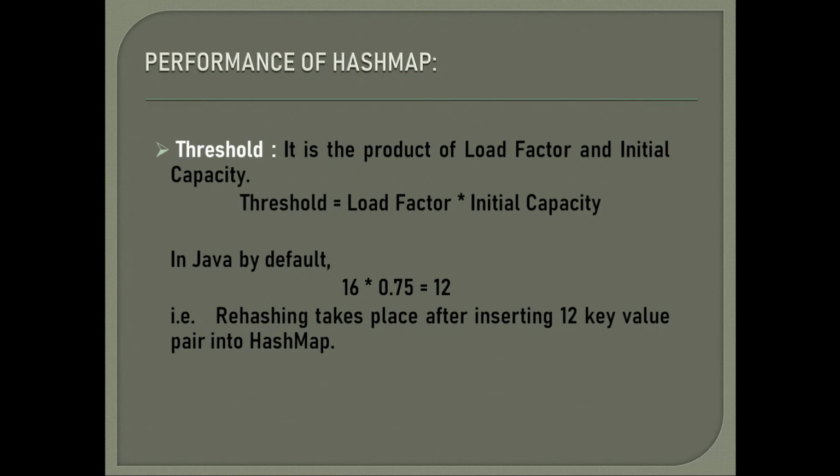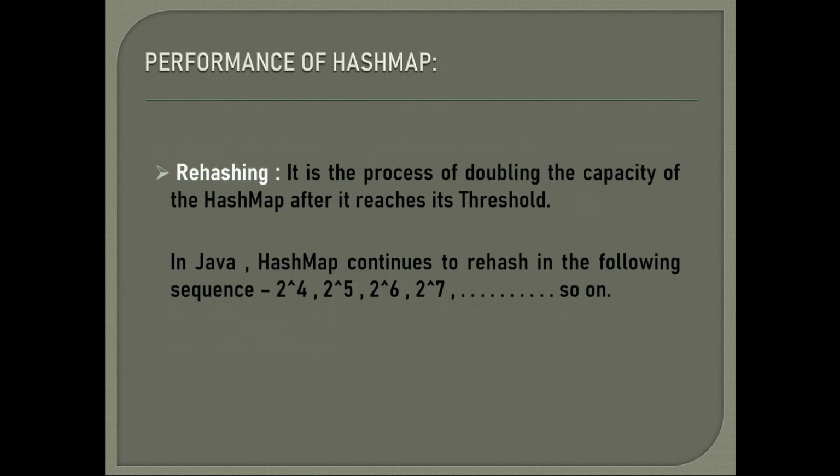Rehashing takes place after inserting 12 key-value pairs into the HashMap. It means that when we cross the default threshold value, rehashing takes place.